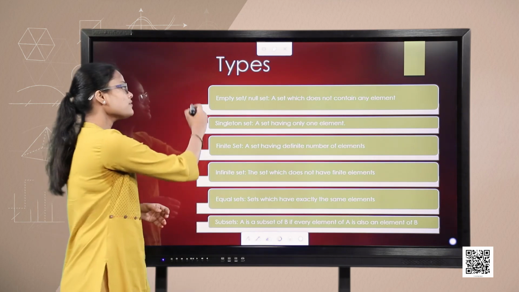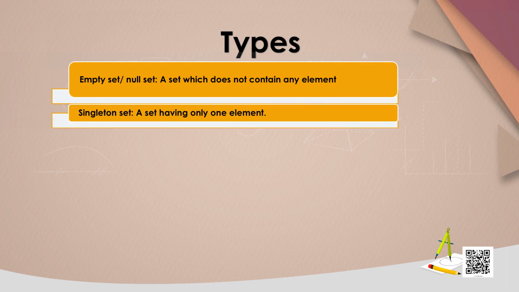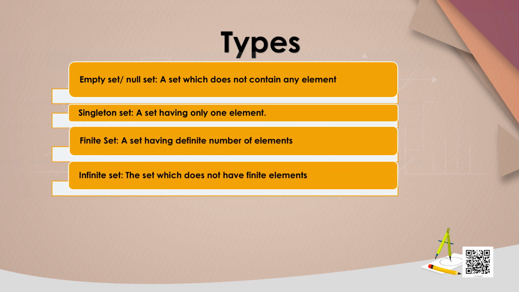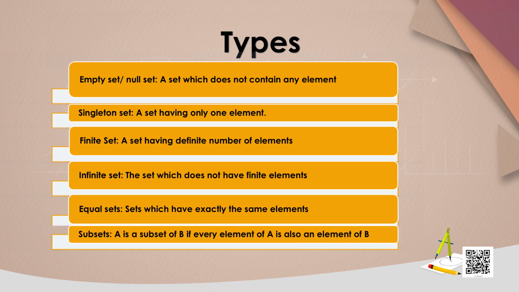Today, we have studied about the empty set, a set which does not contain any element; singleton set, a set having one element; finite set, a set having a definite number of elements; infinite set, the sets which are not finite, or we can say the set which does not have finite elements; equal sets, sets which have exactly the same elements; and lastly subsets.